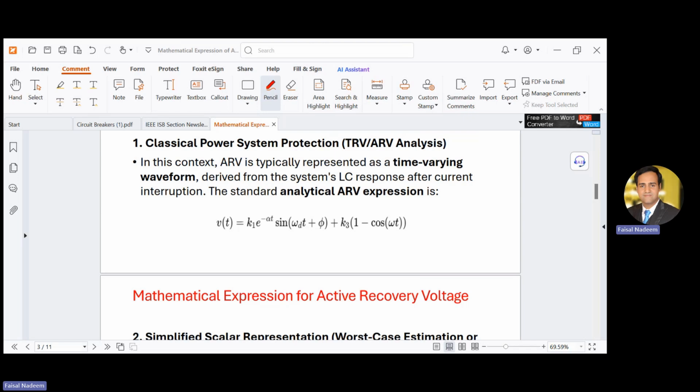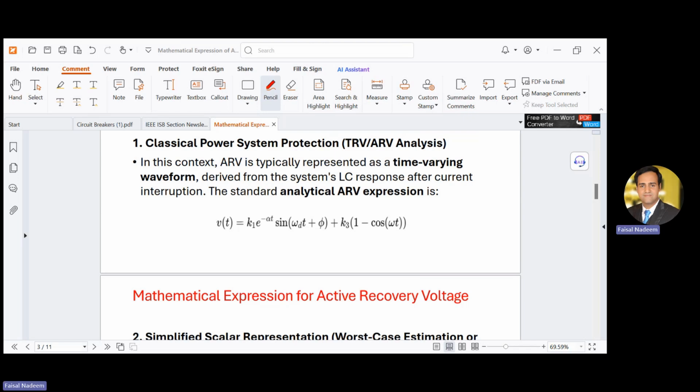And if you are calculating maximum ARV for specification or design limit, such as in the field or practical life, the simplified scalar equation with K1, K2, K3 Vmax sin phi is valid as an approximation. I hope this is clear to you, where each of these equations can be utilized and the importance of these models for various applications.